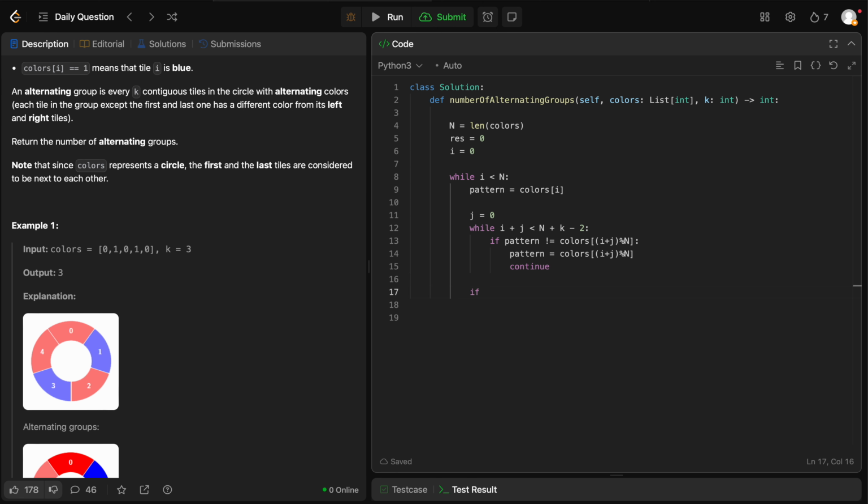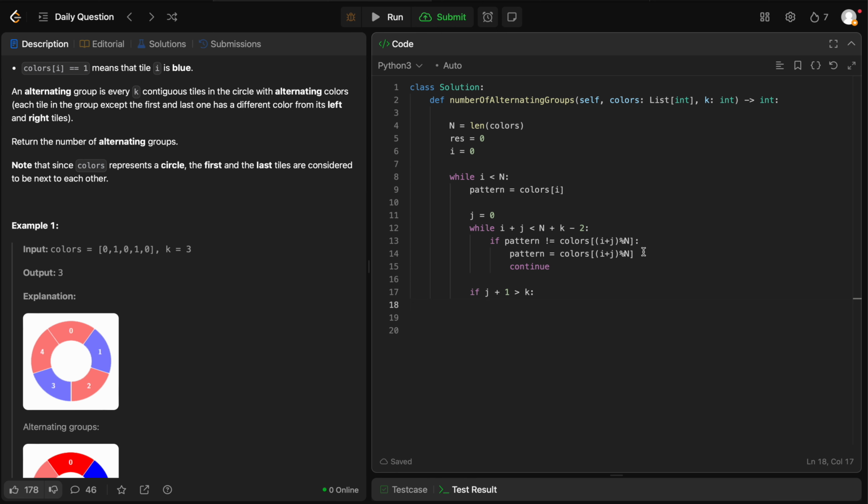if j is greater than... okay, if j plus 1 is greater than k, but the last one was not good, it will always overflow.